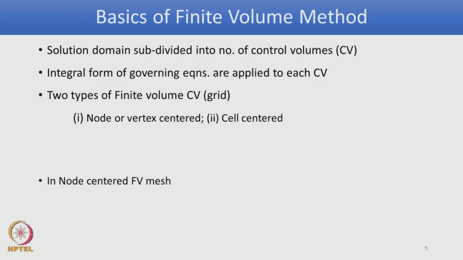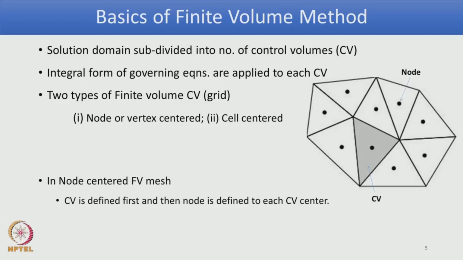So, in node centered finite volume mesh, the CV, meaning control volume, is defined first and then a node is defined at each CV center. So, here is an illustration.